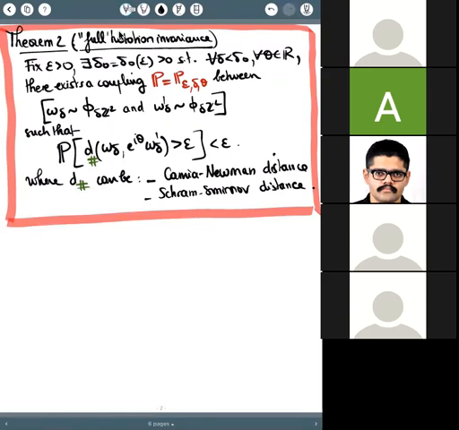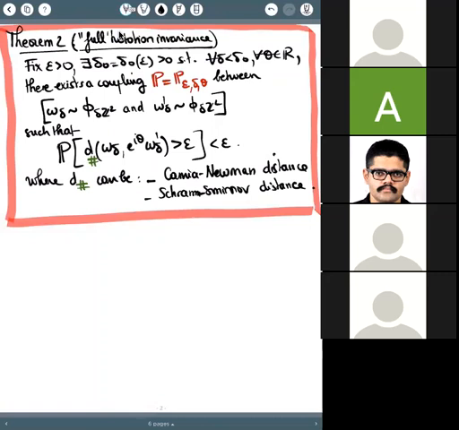But let me tell you a little bit about the Camia-Newman distance, because this is one distance at least I can explain a little bit. The Schramm-Smirnov distance is not so easy to define, and maybe I'm just going to ignore it and just focus on the Camia-Newman. So remember last week, I briefly mentioned how one can see a big percolation configuration.